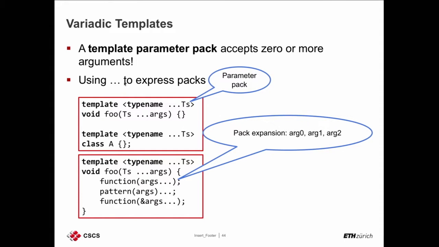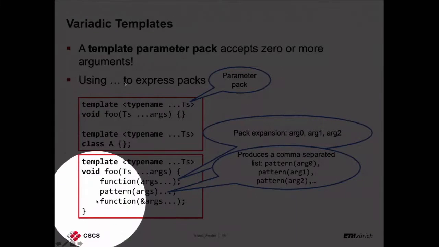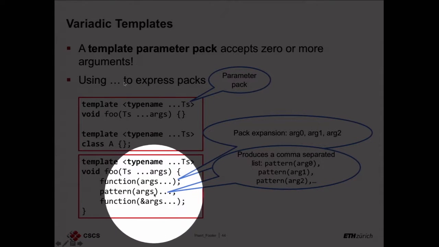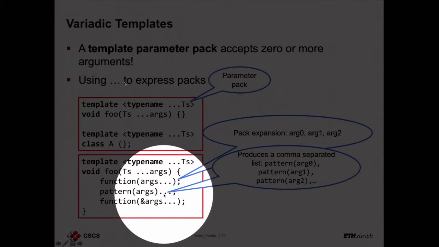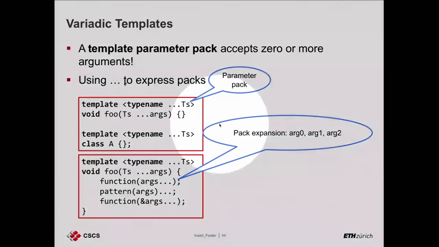And this works also when we do the pattern expansion. When you do a pattern expansion, for instance, you have something like pattern(args), you close it, and you put the ... after. So that is not a comma, sorry. That is not a comma, it's a semicolon here.